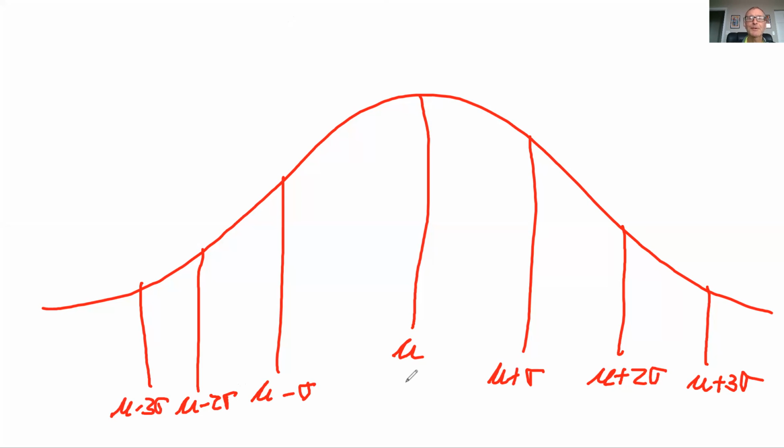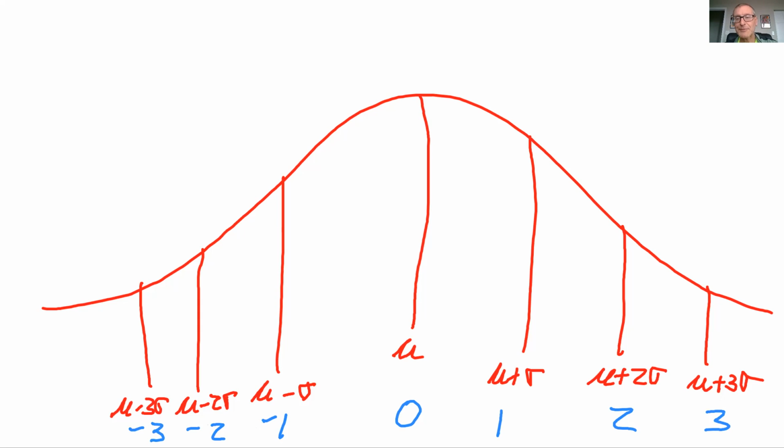So you remember the z-scores? All the z-scores here were 0, 1, 2, and this was 3, and this was -1, -2, -3.